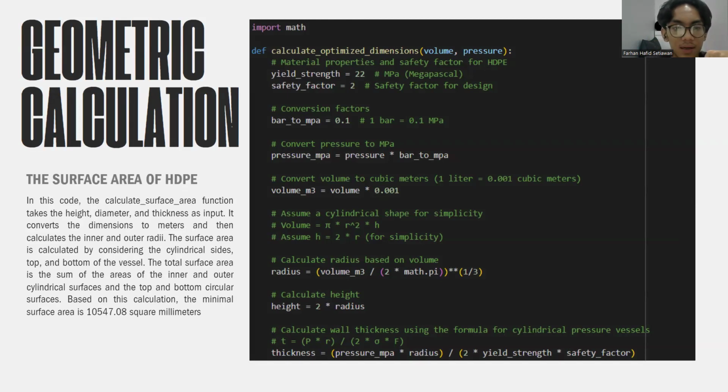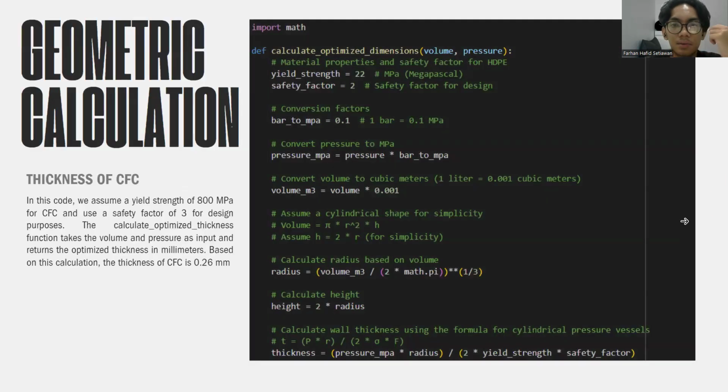The surface area is calculated by considering the cylinder sides, top, and bottom of the vessel. The total surface area is the sum of the areas of the inner and outer cylinder surfaces and the top and bottom circular surfaces. Based on these calculations, the minimal surface area needed is 70547.08 square millimeters.